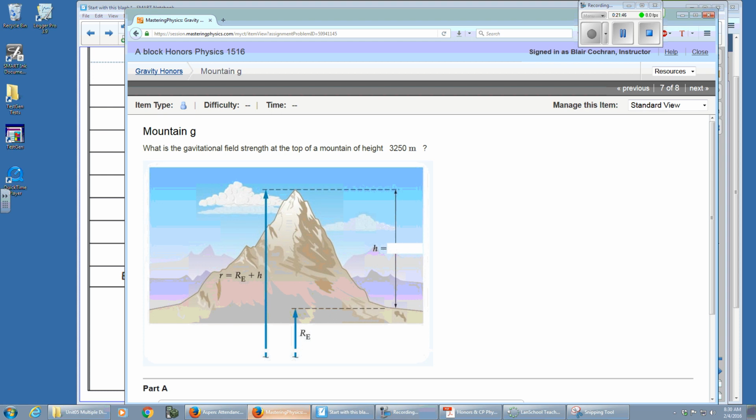So it's not how high we are above the surface, but how far we are from the center of the Earth, which is its center of mass. So our radius from the center of mass of the Earth is the radius of the Earth plus the height above the surface. So my height is 3250 meters.